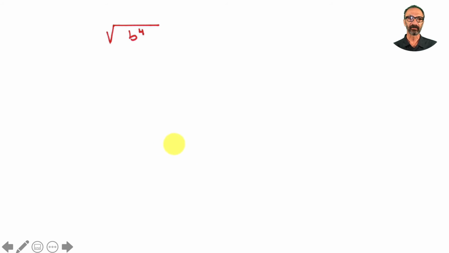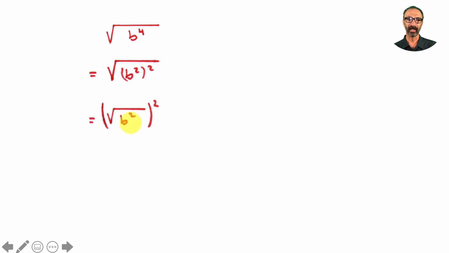Now, square root of b to the 4. If you take your time and simplify it, you don't need an absolute value, because it's like two pieces of b to the second, which would give you absolute value of b, but squared, the square will take care of the negative. You don't need the absolute value to keep it, because absolute value means if your answer is negative, you have to change it to positive.